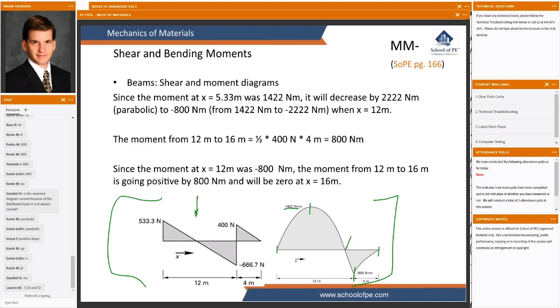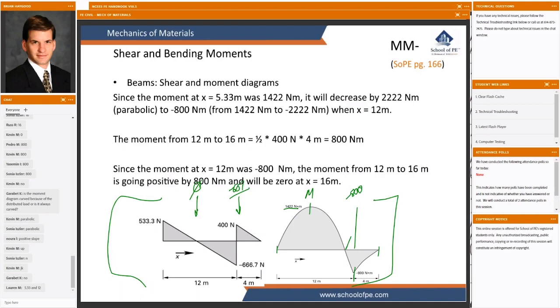At the 5.3 meter mark, I have 0 shear and a moment of 1422. So that's going to be kind of easy to analyze that point. At the 12 meter mark, I have a shear value of negative 667, which is going to cause some kind of shear stress. And I have a moment value of negative 800, which is going to cause some kind of normal stress, sigma. So I'll have a combination of sigmas and taus at 12 meters that might be concerning.